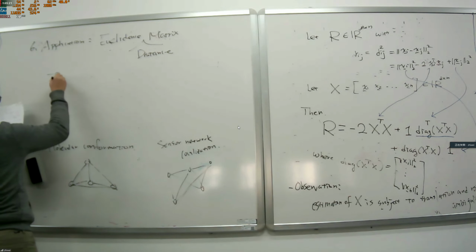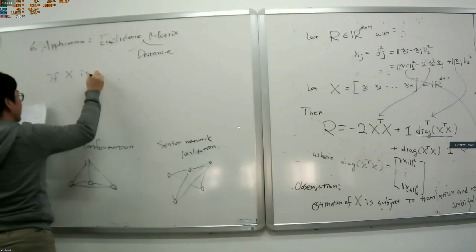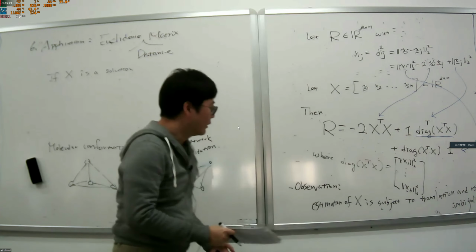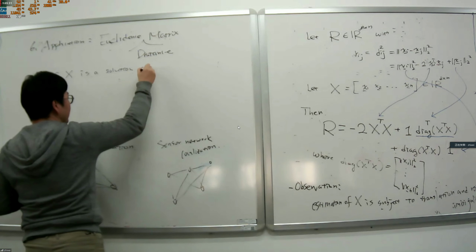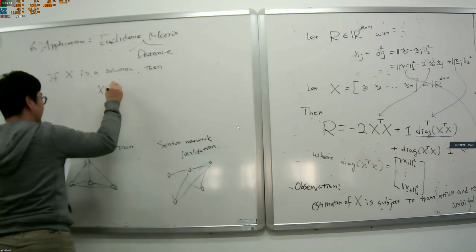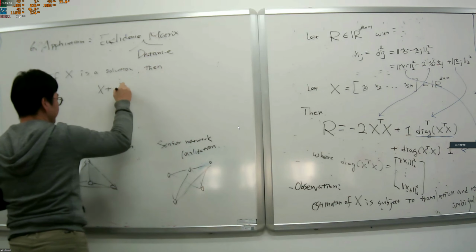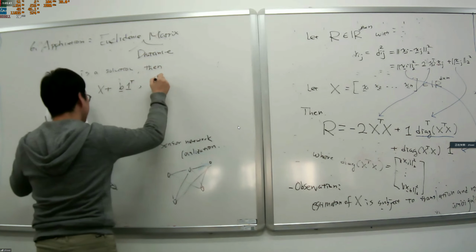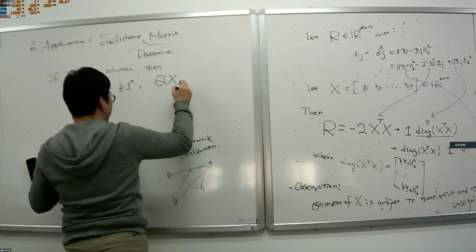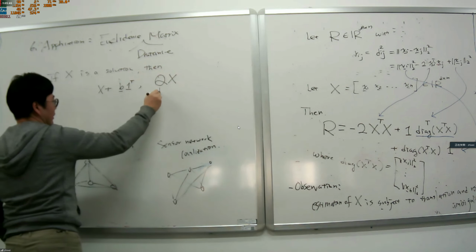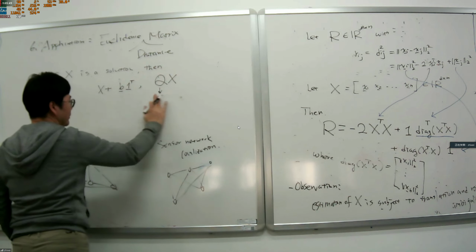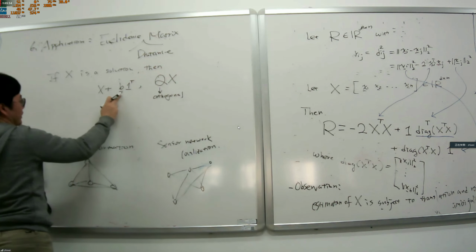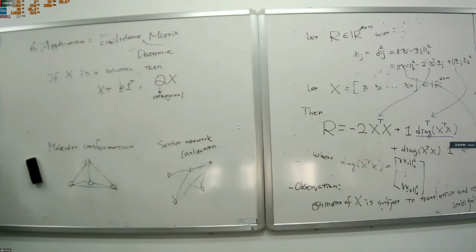So this means if X is a solution, if X can satisfy this given R, then X plus b times 1 transpose, or X multiplied with Q, where Q is orthogonal and b is any constant, are also solutions.